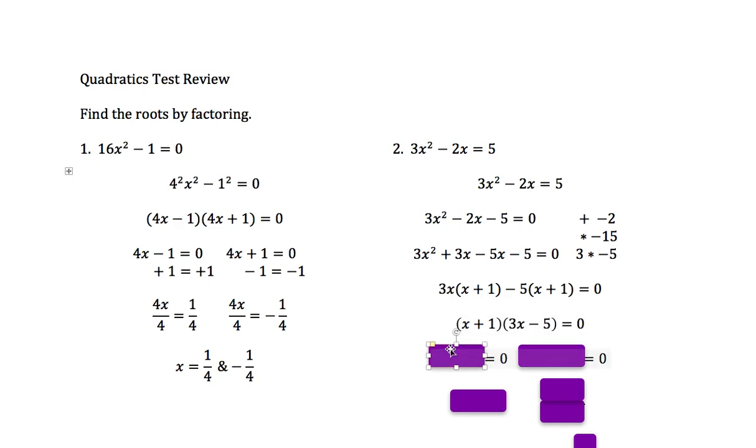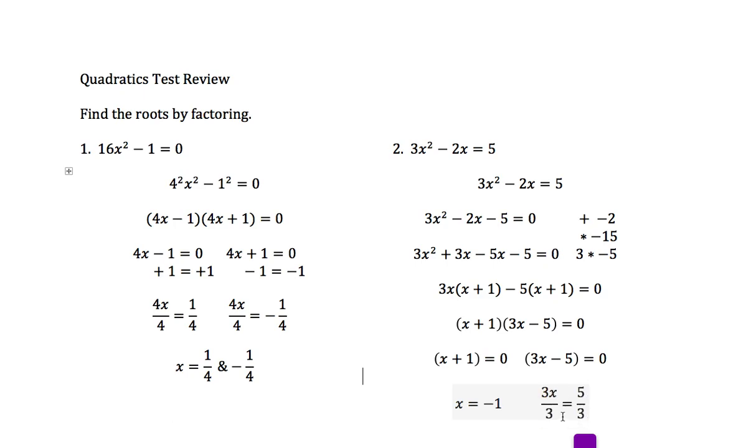So now we're going to take our 2 factors, set them equal to 0, and we get this. Now we have to solve for x. Over here, we just get x is equal to negative 1 by subtracting 1 from both sides. Over here on this factor, it's going to be a little bit more complex. We have to add 5 to both sides, but then we have to divide by 3.